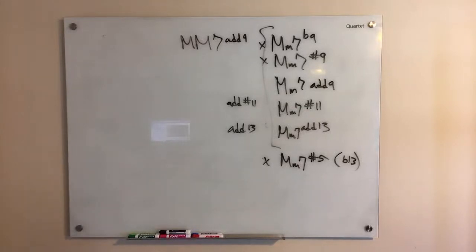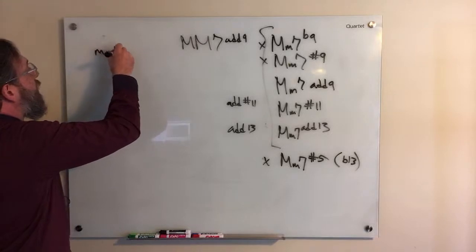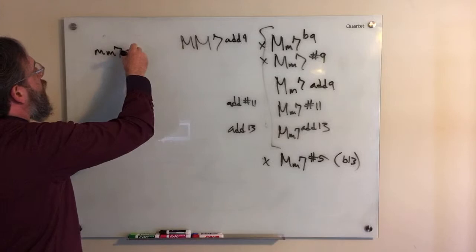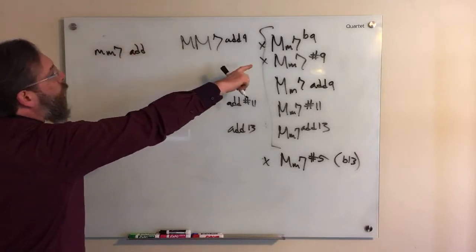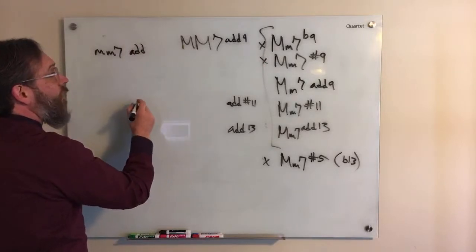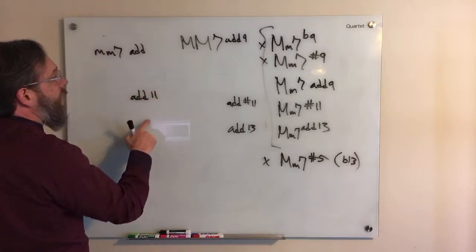All right, so in terms of minor 7, it's kind of similar to the major 7. You'll find the add 9. You'll almost never find flat 9, sharp 9. You won't find the add 11. You will find the add 4, or add 11 rather.